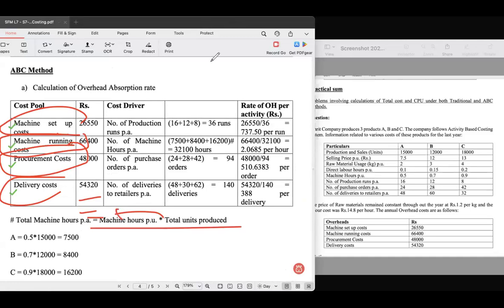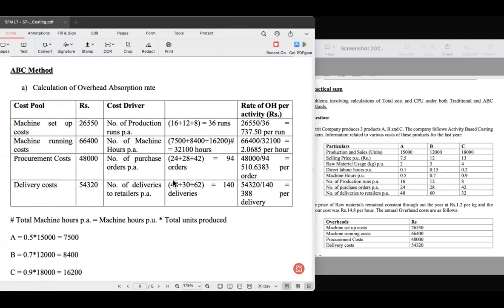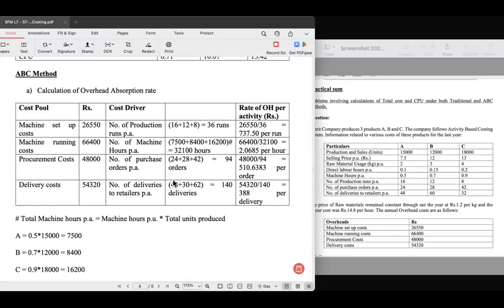But here we have to find the OAR for each and every overhead cost. This is the difference between ABC and traditional. And you can understand this gives a more accurate picture because each overhead is treated with its related cost driver. Let's do the calculation now.